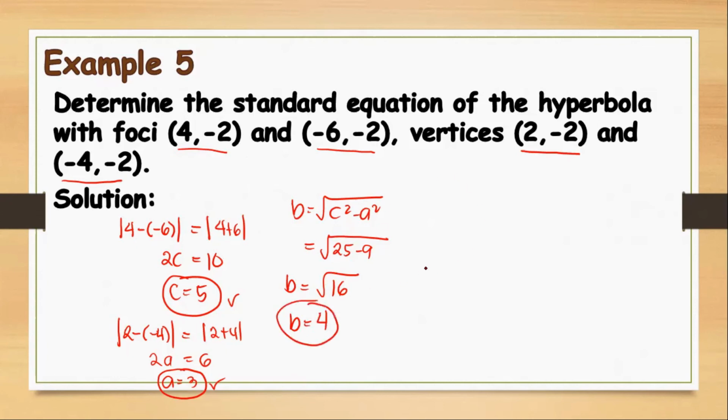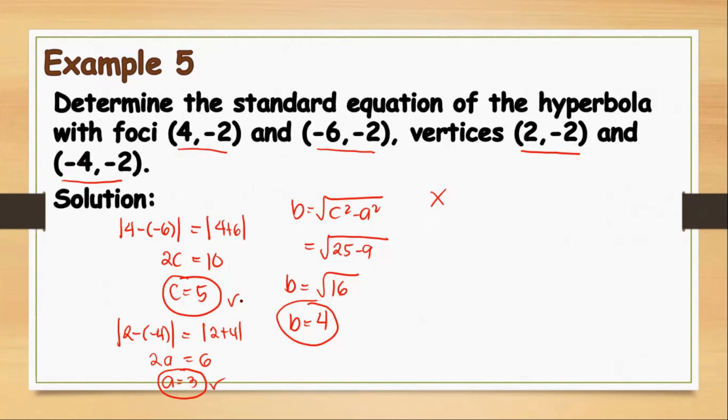It's easy for us now to write the equation. And since there is a change in x, so we have here x. Where is the center? So the center is midway of the foci or also midway of the vertices. So if we have our x value here of 2 and the other one on the left is negative 4, so what will happen?